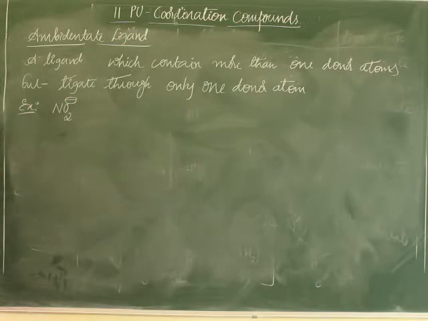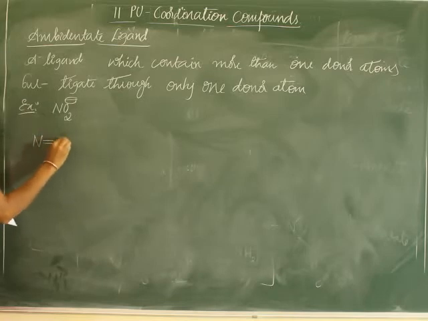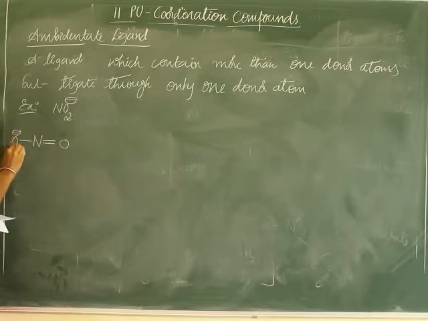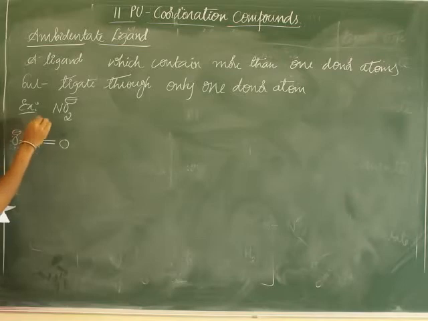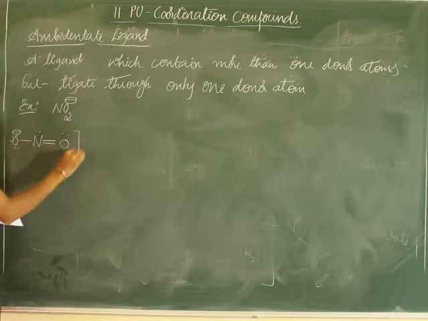Ambidentate ligand. I'll write it as N double bond O minus, with lone pairs of electrons here and here. Right?